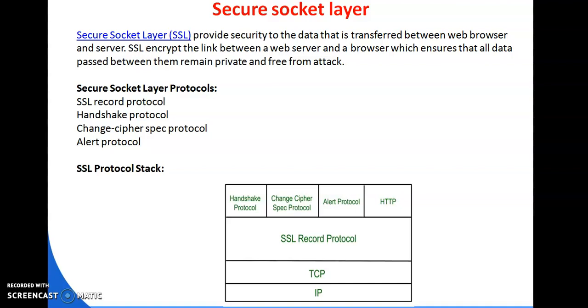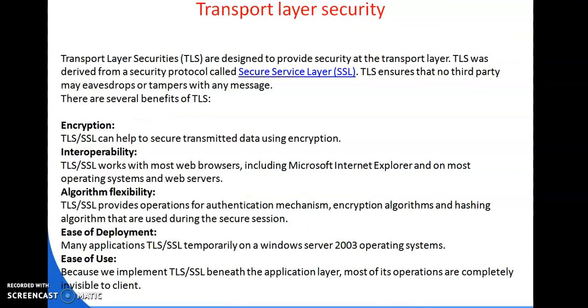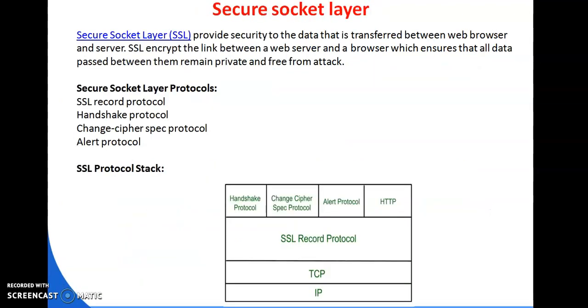So in this scenario, first let's come to the SSL protocol stack. In the SSL protocol stack, there is the SSL record protocol, handshake protocol, change cipher spec protocol, and alert protocol. First, the SSL record protocol.